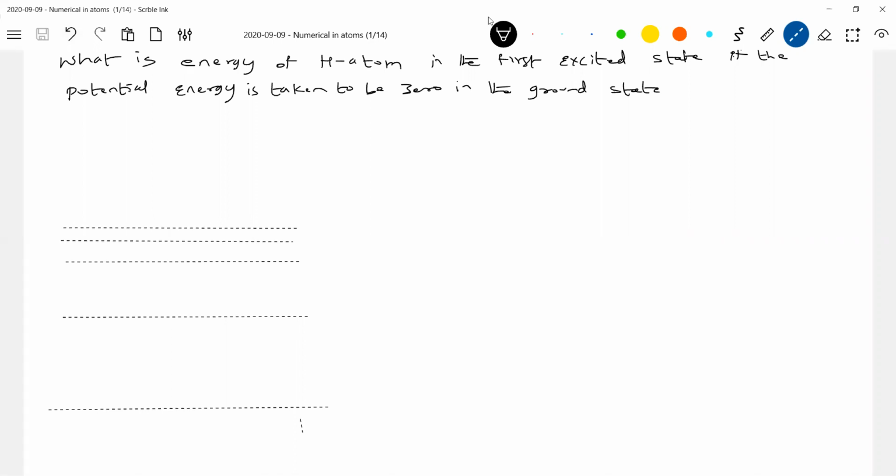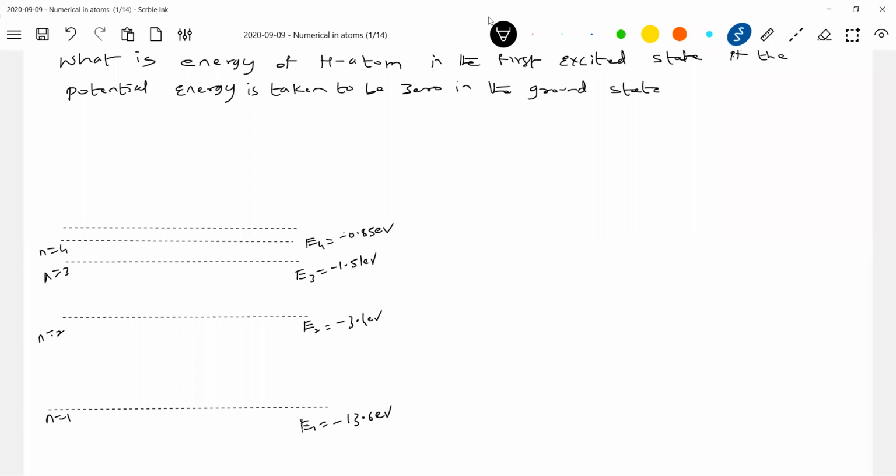This is E1. E2, this will be 3.4. I think it got erased, let me put it again. This will be E3. Till E4 I'll write it. Minus 0.85 electron volt. This is n equal to 1, n equal to 2, n equal to 3, n equal to 4.